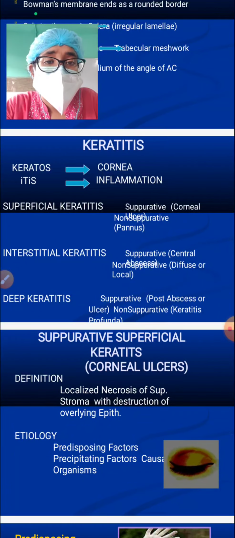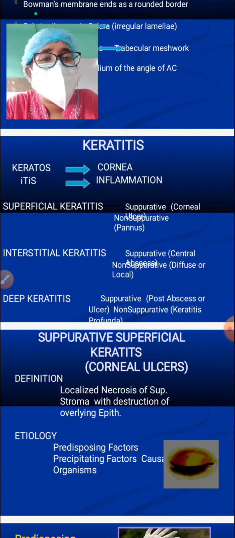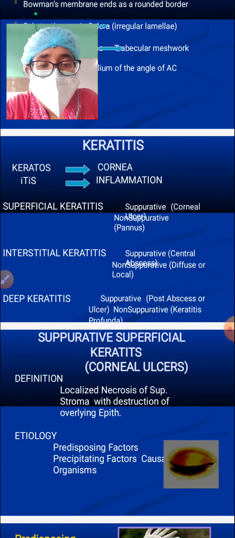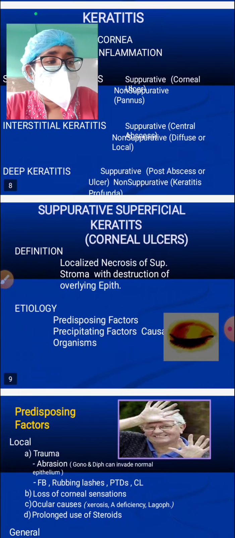And the non-suppurative one is termed as the diffuse keratitis, which commonly forms in some form of viral keratitis. This too you need to know, because you can apply steroids to non-suppurative ones. Is it clear? You can apply steroids to non-suppurative ones. I will come to the details of that later. Okay.